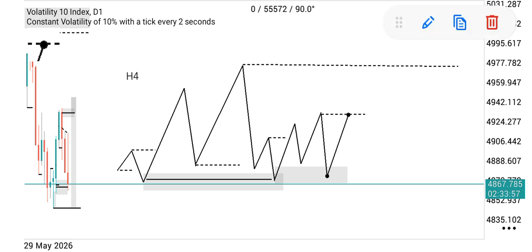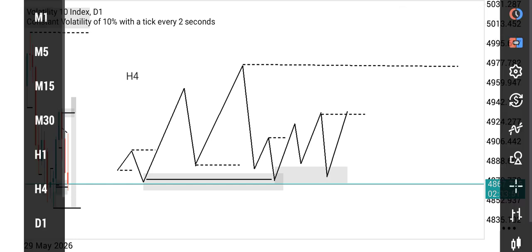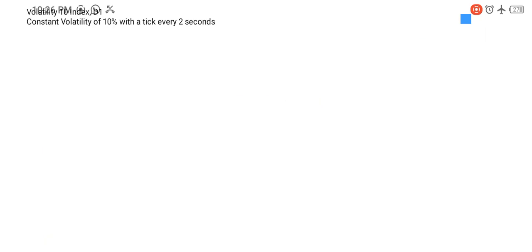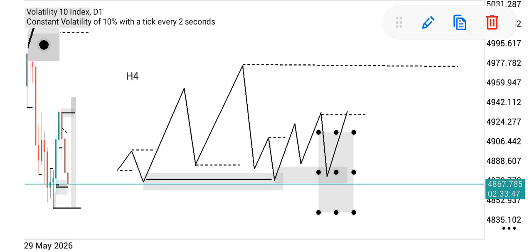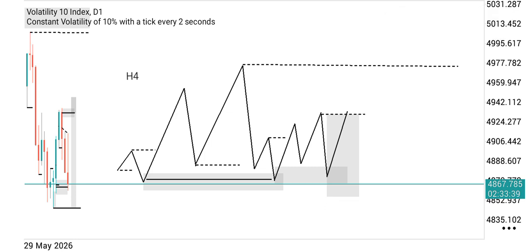Inside our A+ setup, we've gotten our first setup, which has hit TP already.